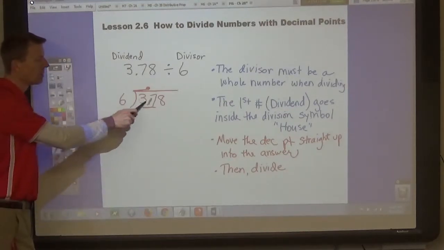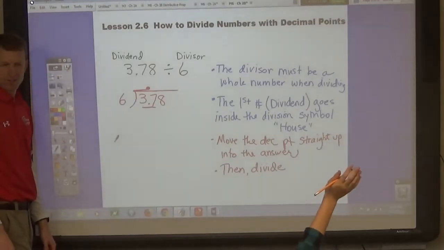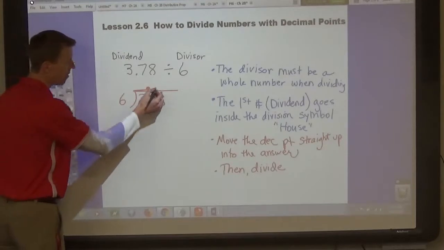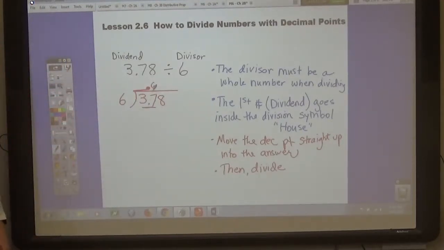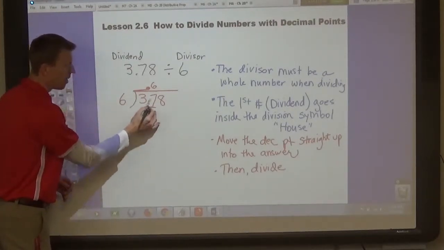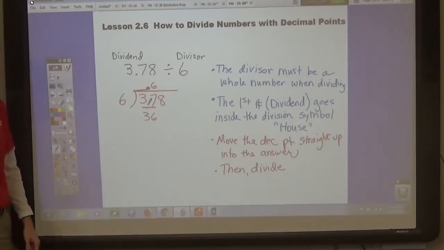And how many times would 6 go into 37? 6 times. The 6 goes above the 7. 6 times 6 is 36. And we divide this out ignoring the decimal point. Okay?